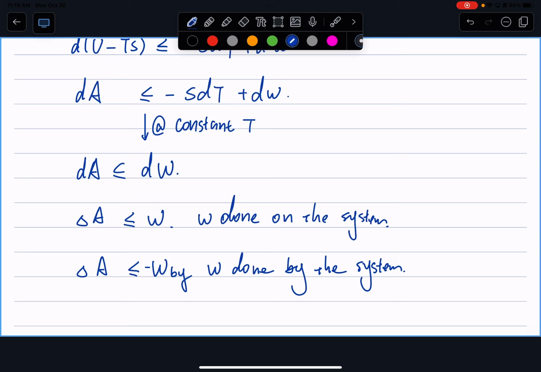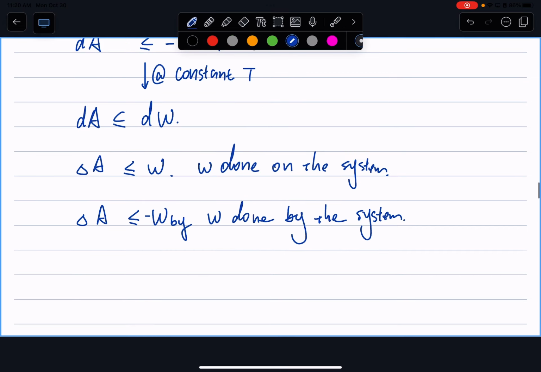So here, these two differences depend on whether or not your system is doing work on the surrounding or vice versa. So here your delta A is always smaller than the work done on the system, or it's always smaller than the negative of the work done by the system.